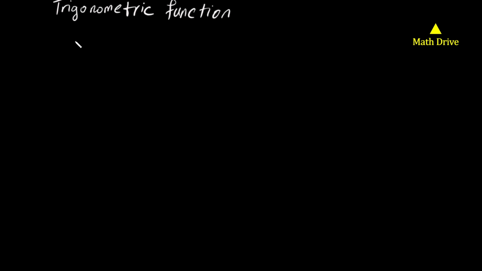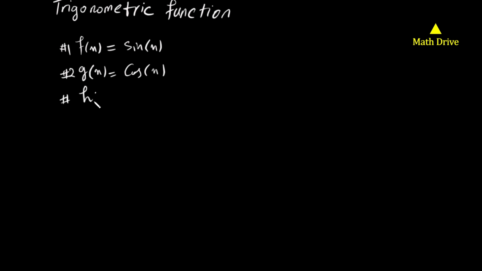We have three major trigonometric functions: number one, f(x) is sine x, number two, g(x) is cosine x, and number three, h(x) is tangent x. It can be tan or tg.